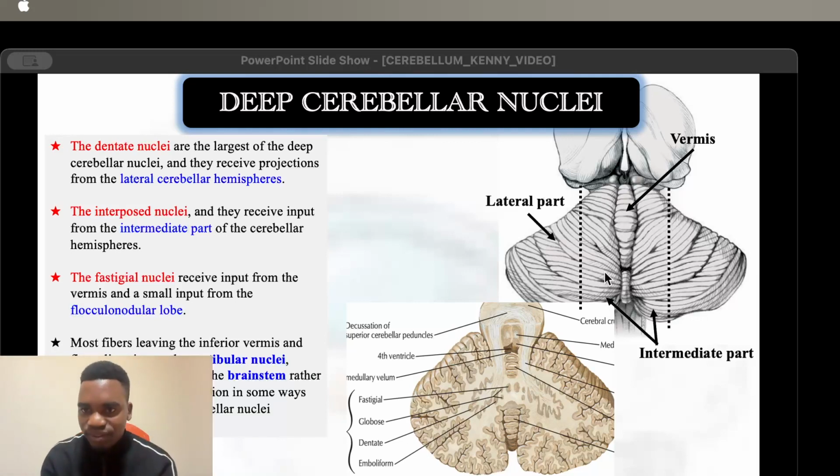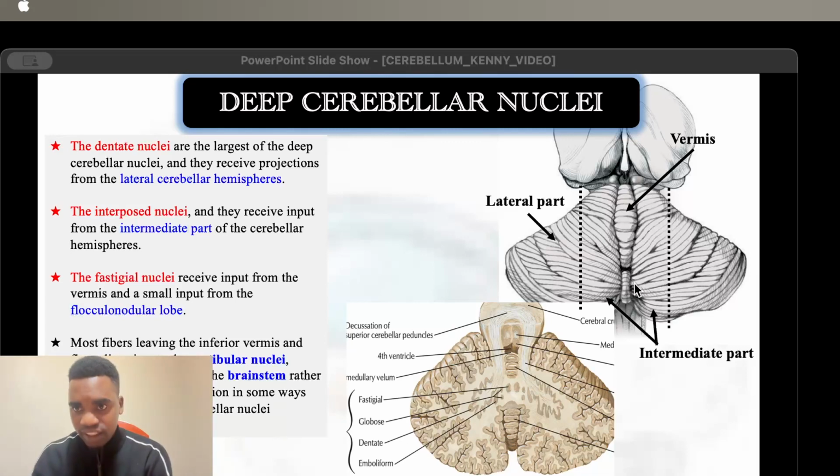And lastly, the most medial nucleus, which is the fastigial nucleus, receives information from the vermis of the cerebellum. And remember, the vermis of the cerebellum helps to coordinate the muscles of the trunk and the proximal muscles of the limbs.